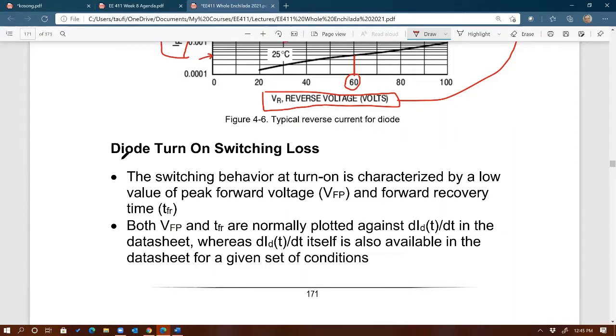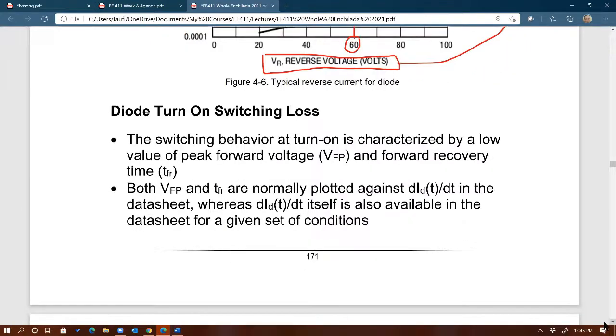All right, so how do you estimate turn on switching loss for a diode? The switching behavior at turn on is characterized by a peak forward voltage, VFP, and forward recovery time, TFR. Just like the reverse recovery time, when the diode is turning on, it also has a forward recovery time. It takes time before the diode current settles into its steady state value.